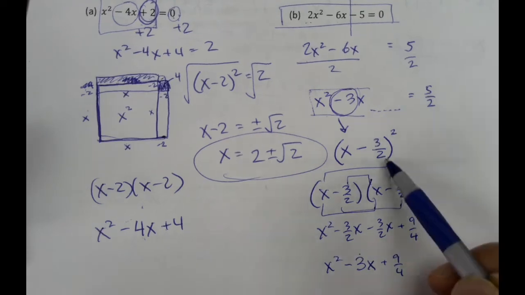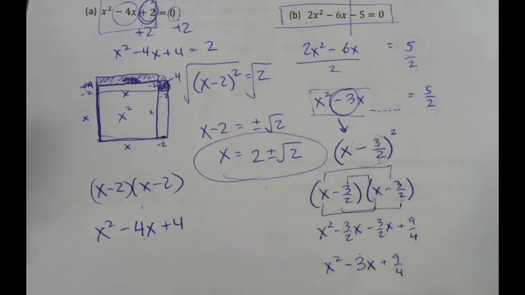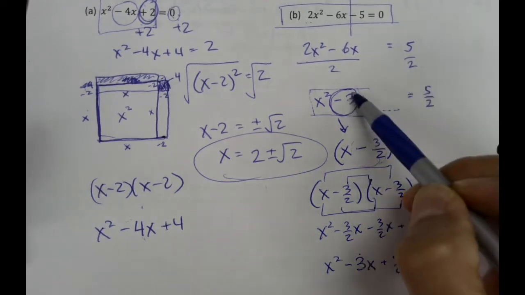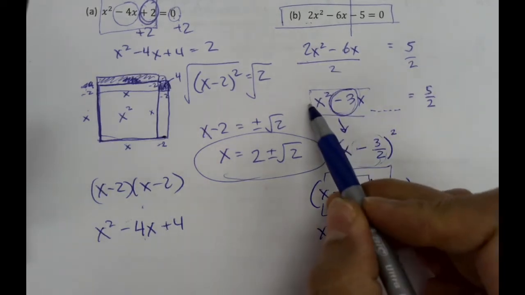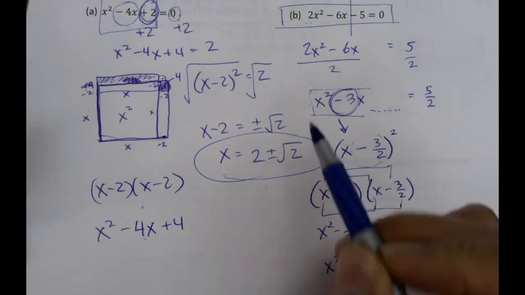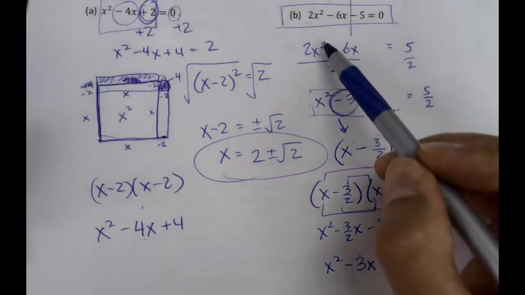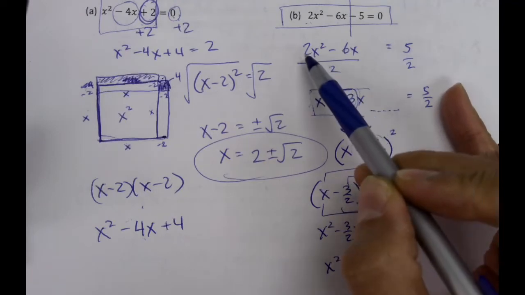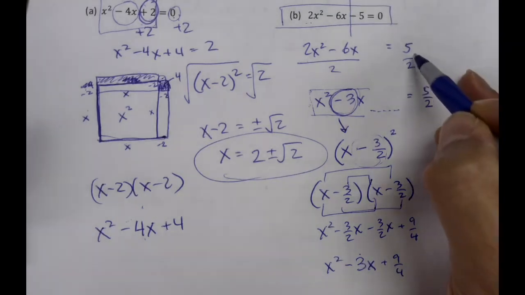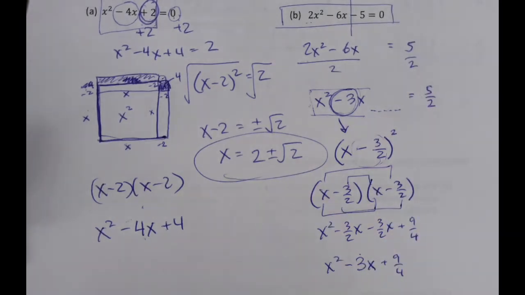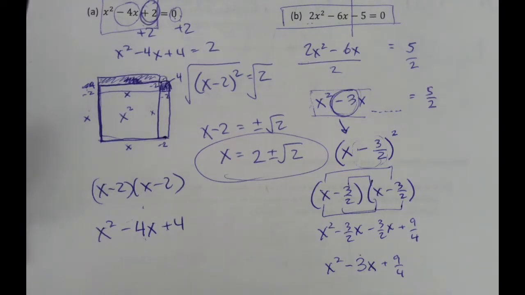That's it. That second term in your binomial is always going to be half of that coefficient, as long as 1 is your coefficient on x squared. So that's why I divide by whatever that number is. And you'll see later why I also move the constant over to that side, which you don't have to do. But when you're dealing with the most complicated things, that's helpful.